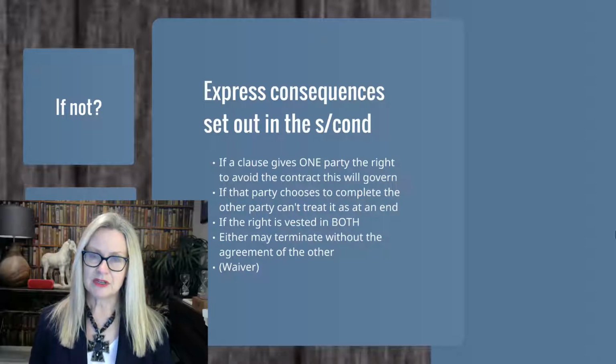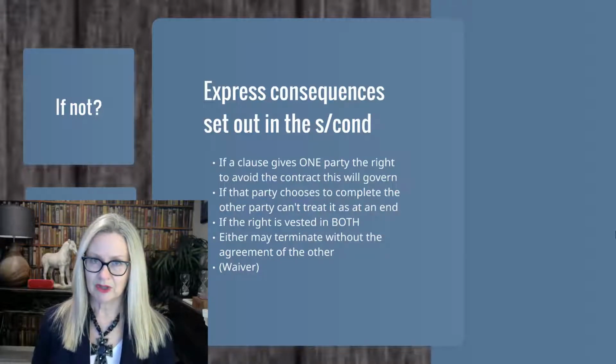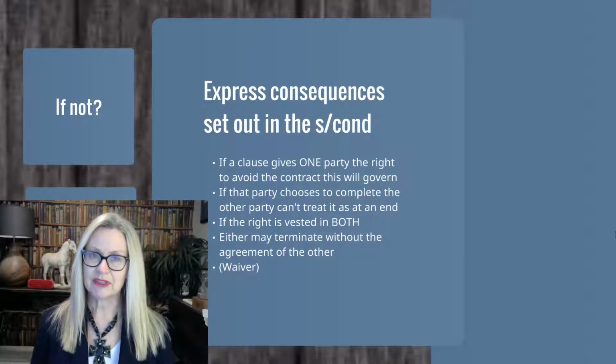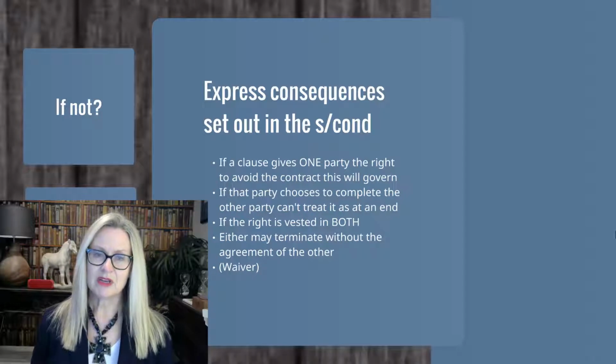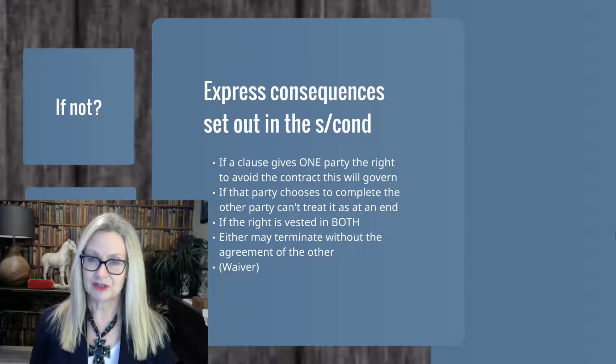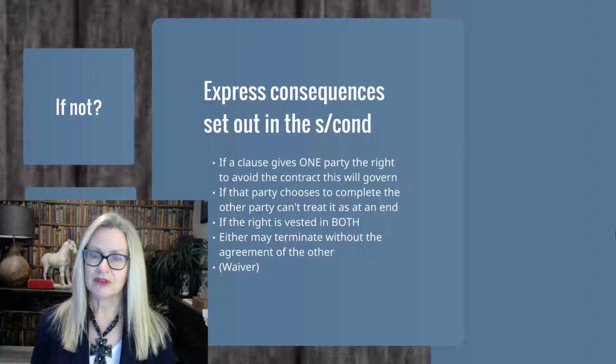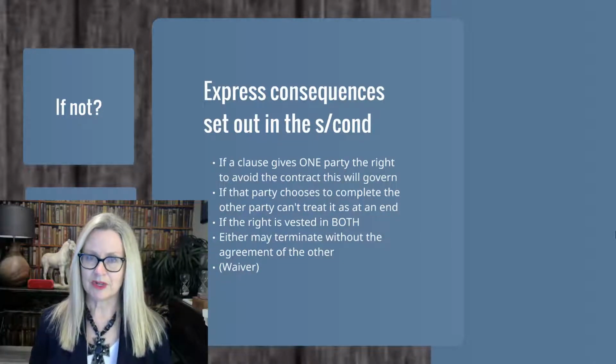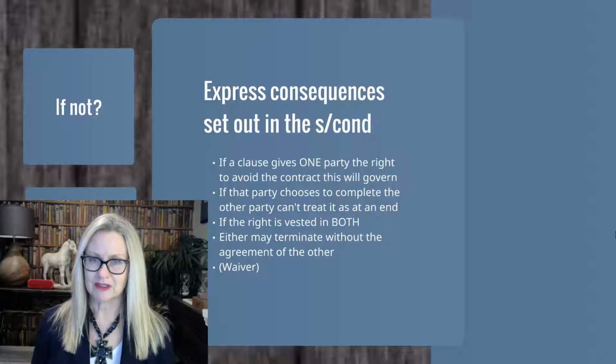Now, if the special condition has not been fulfilled, but the party wants to effectively waive that special condition and complete the contract anyway, the other party can't then treat the contract as at an end, okay, because the right to avoid has been given to the other party expressly.